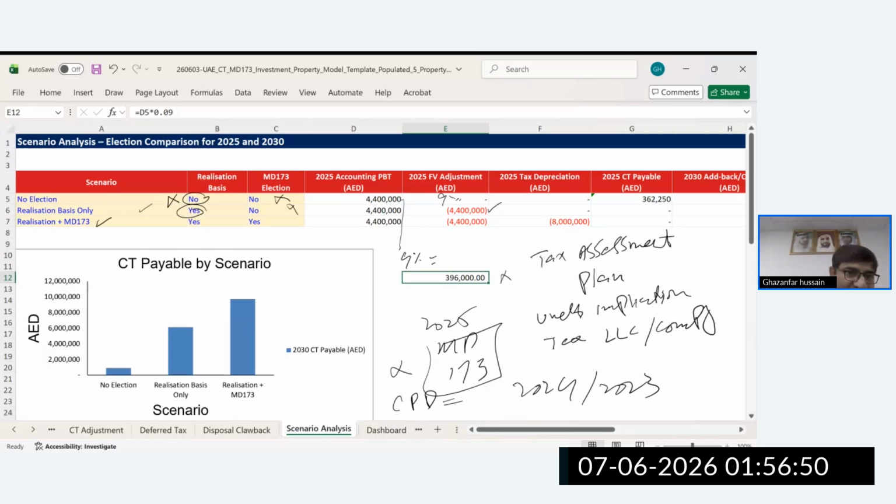But the guy who is familiar, realization basis is there. Now I'm eligible. Is this also good? So he was getting this benefit. He's not paying, plus he's getting this benefit also. He's not paying 9% on this, and plus he's not paying 9% on this also. How much is this 9%?